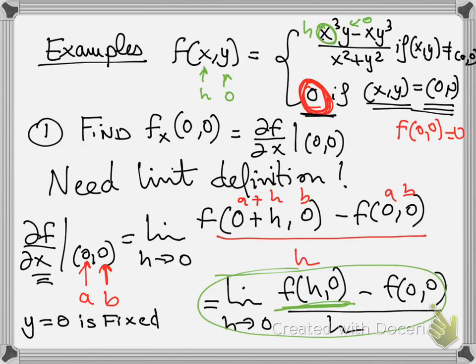Well, then we need to compute. This is my function f when x, y are different from 0, 0. So now I can use this to compute the derivative of f with respect to x for x, y different from 0, 0.